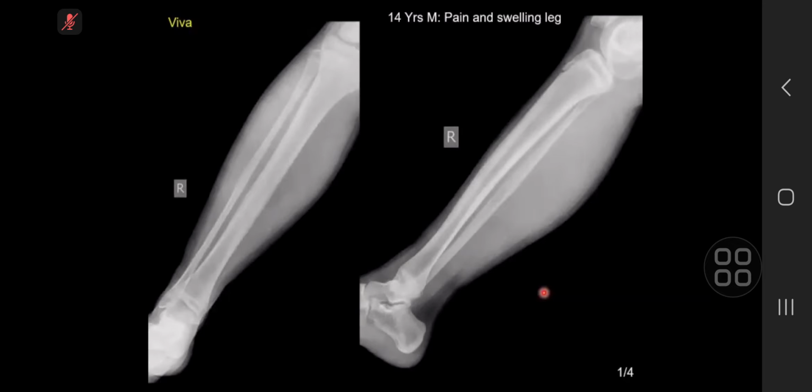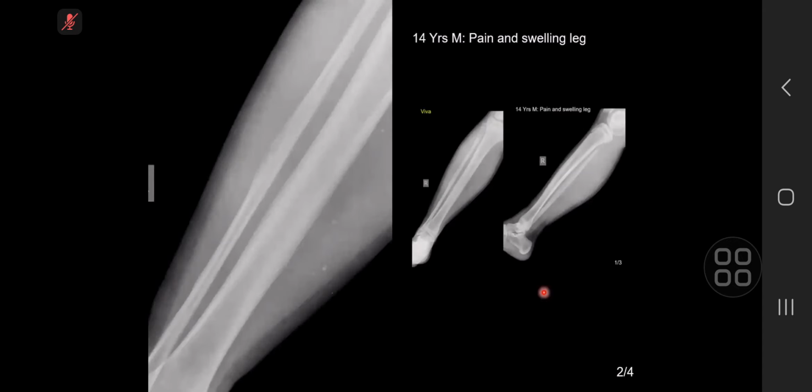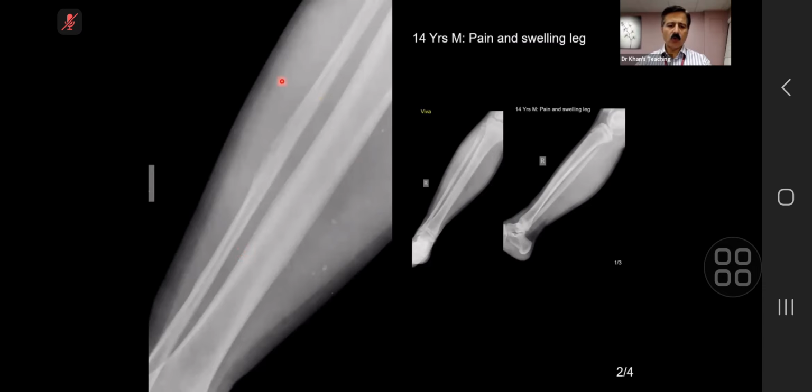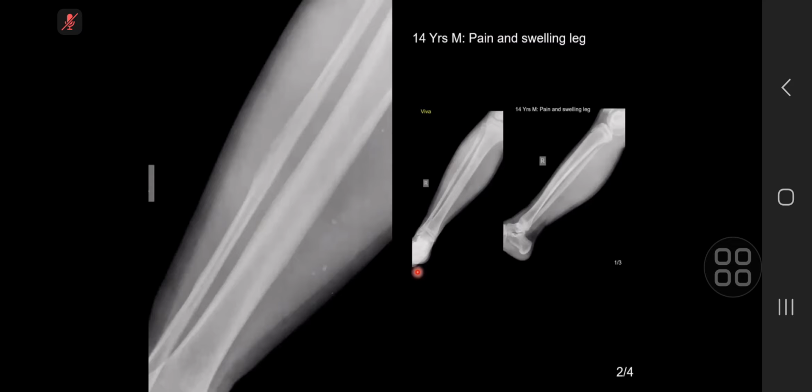So it's a 14-year-old patient. It's a tibia and fibula, AP and lateral, with pain and swelling. On the frontal view, I can see the fibular diaphysis has irregular cortices on the lateral side. I have given you a blow-up. Over to you. There is a kind of permeative appearance to that segment of the fibula with cortical irregularity.